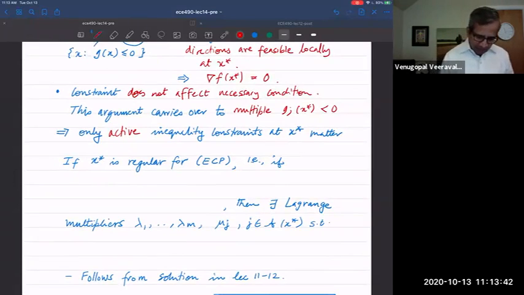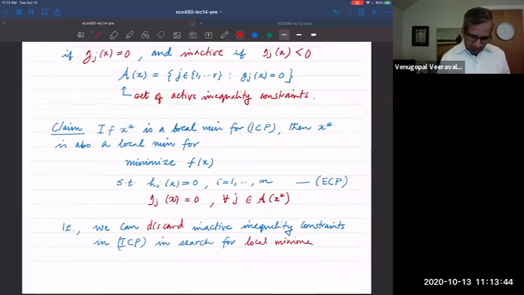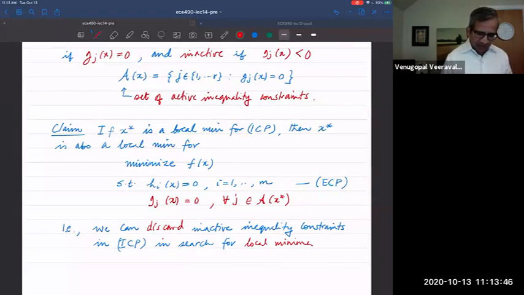Now let's go back and look at this equality constraint problem, which we call ECP. ECP is ICP keeping only the active inequality constraints for which g_j of x is equal to 0. This is a problem we solved already, in lectures 11, 12, 13. We talked about that, and we know how to do this.